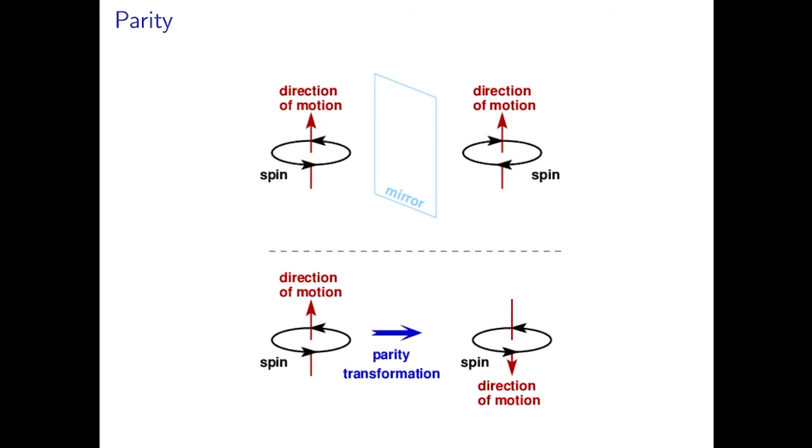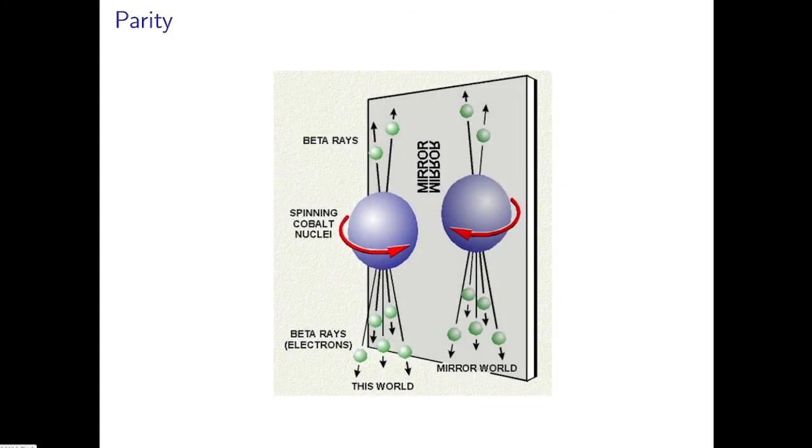So we'll try to focus on the consequences and what we call in particle physics the parity violation in the next slide. Yes, so what we have in this image right here is a spinning cobalt nuclei. As this cobalt-60 nuclei decays, it essentially emits beta rays or electrons preferably in the same direction as the spin of the cobalt nuclei.